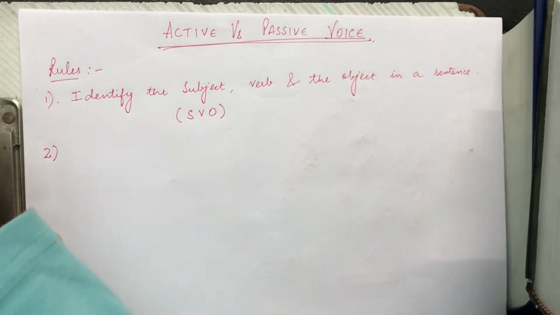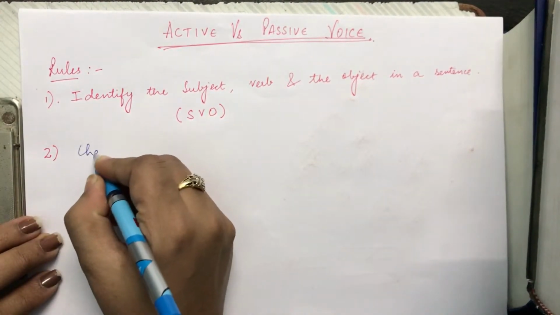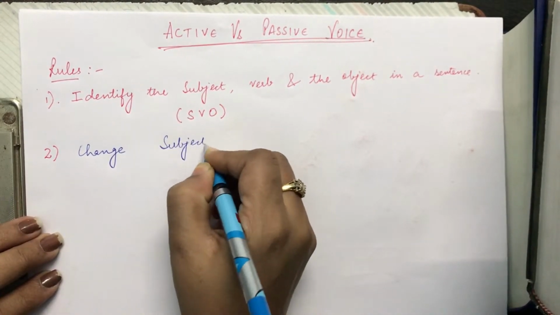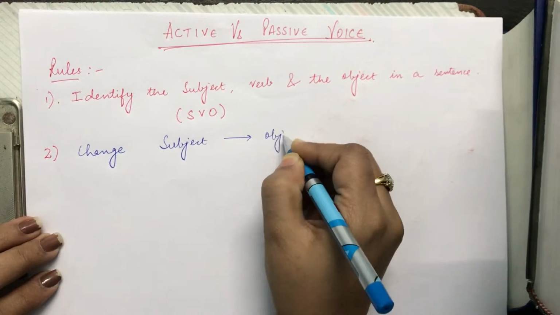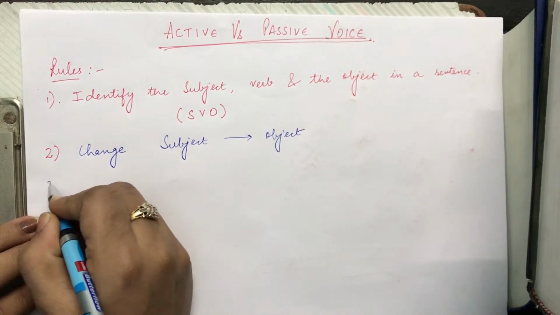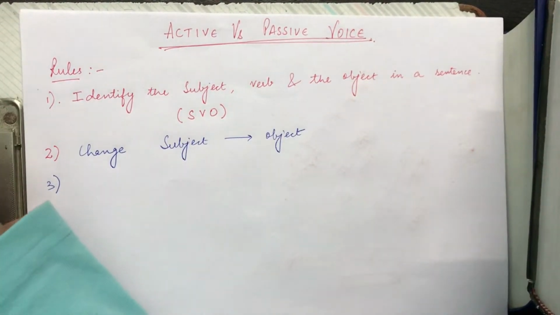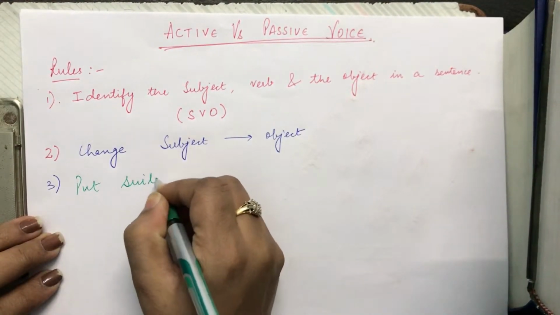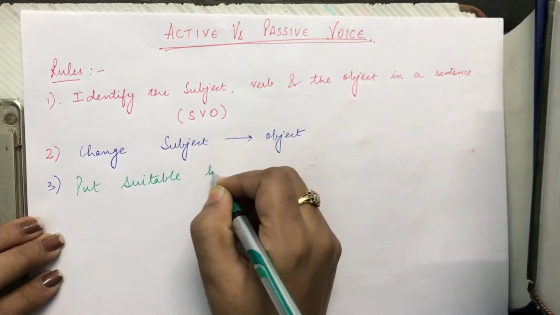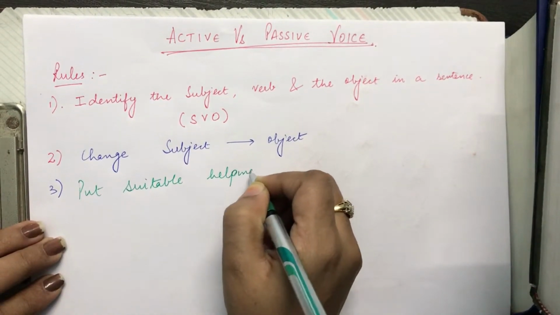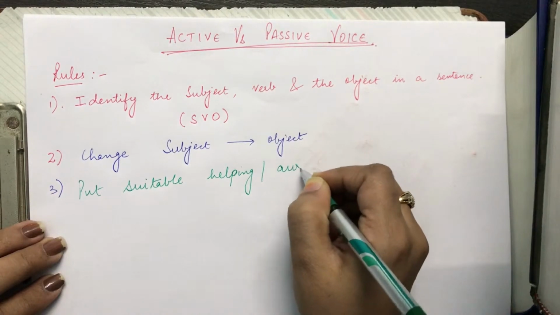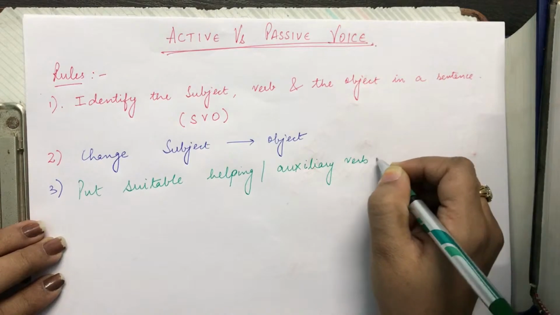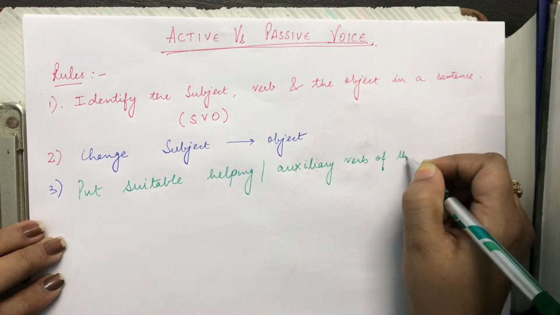Second, you are going to change subject into object. The third rule, put suitable helping or auxiliary verb of the verb form.